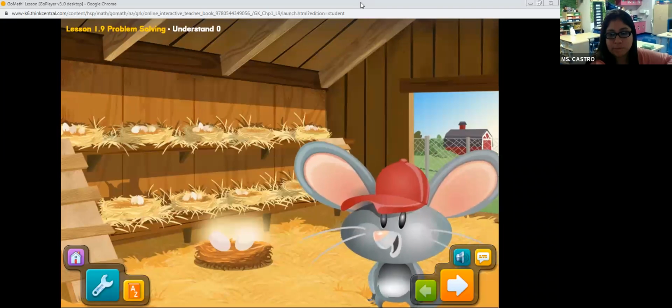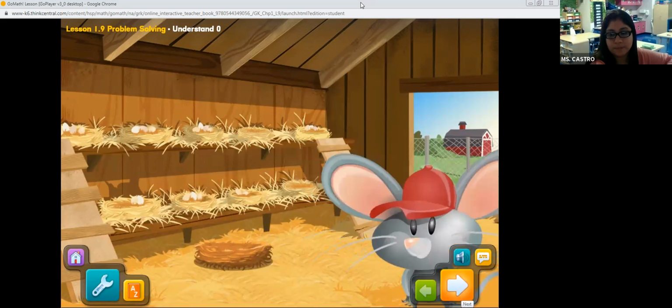But should I take both eggs? If I do, what number will show how many eggs are in the nest? We'll need to find out what the number is to solve this problem. Come on, let's find out what the number is.